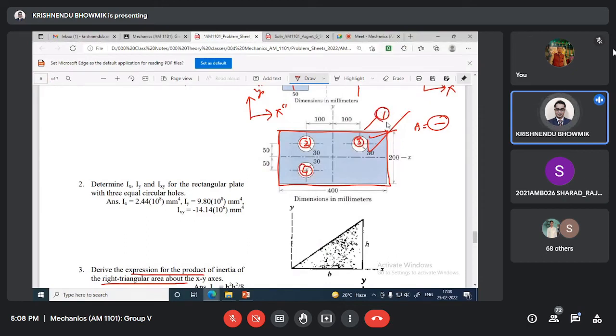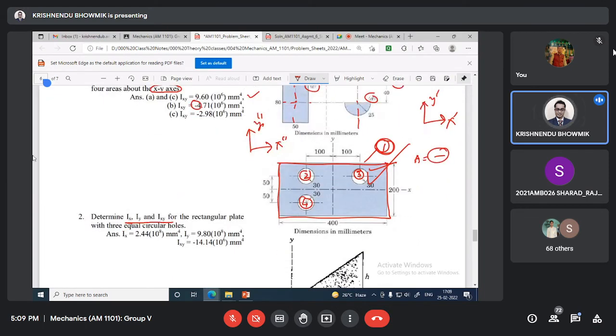For portion 1 you can calculate IXY without this cutout. One question is, let me tell you, IX IY also told. Maybe you may face some issue.